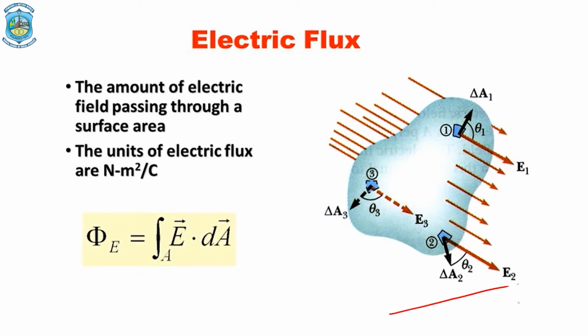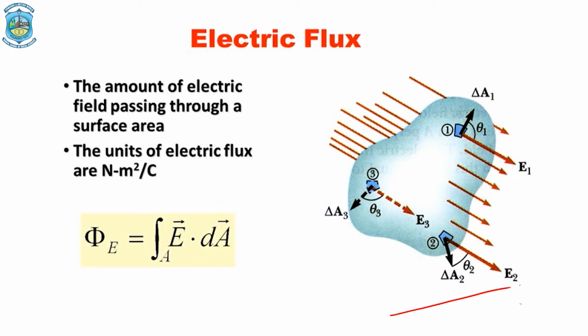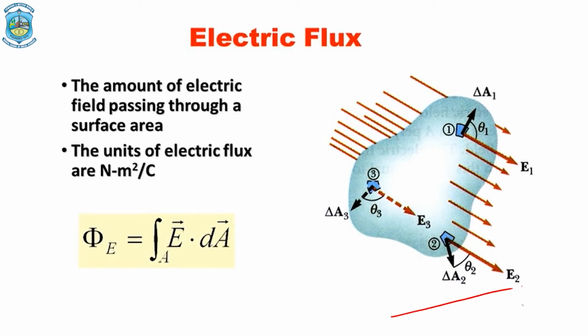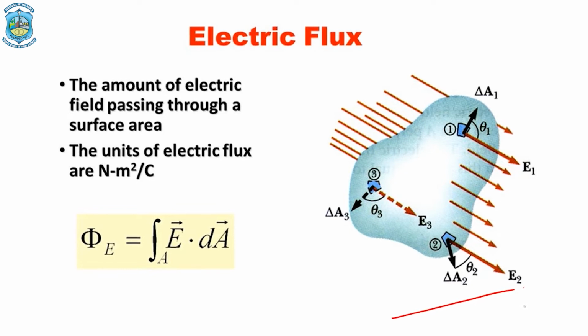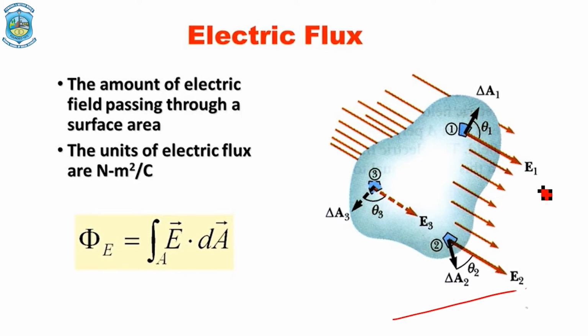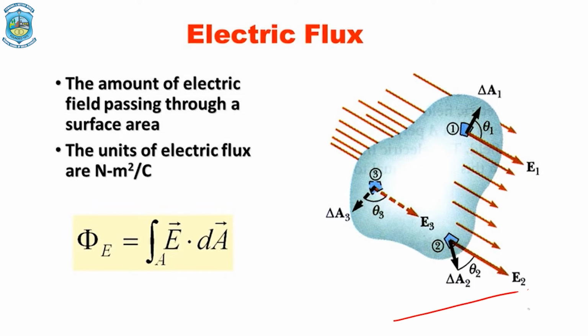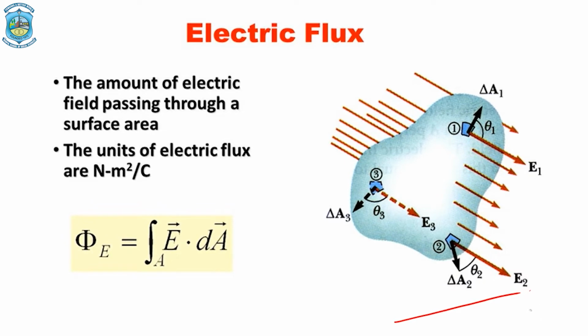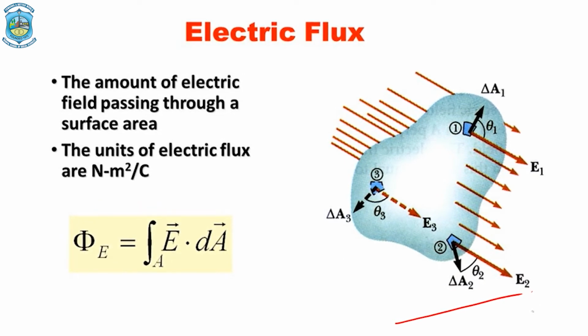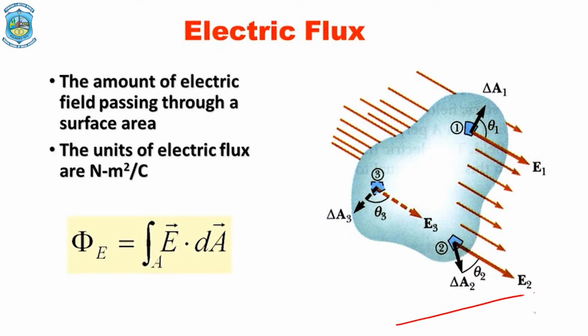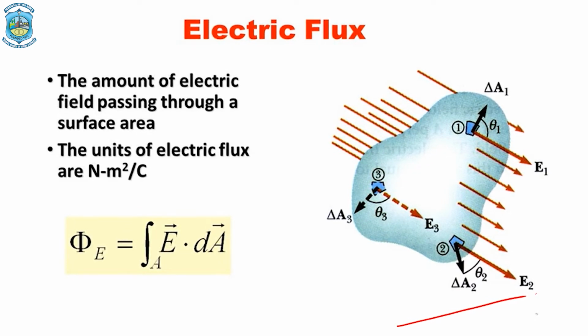As I told you in the definition of area vector, it is a direction normal to the surface of that area. So here it is directed along this direction, making angle θ1 with the direction of the electric field. Here it is making angle θ2 with the direction of the electric field, and here it is making angle θ3 with the direction of the electric field E3 at that point.